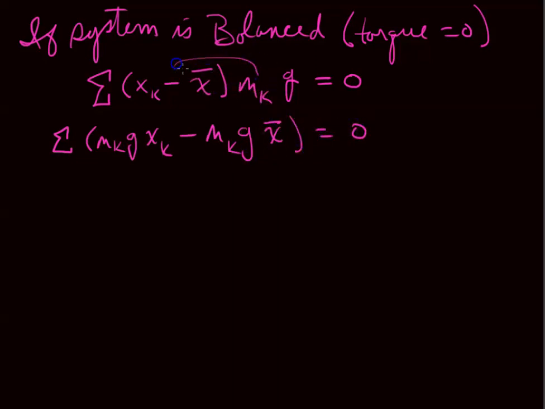We're just distributing this. But the summation of a difference is the difference in summations. So summation of m sub k g x sub k minus the summation of m sub k g x bar.